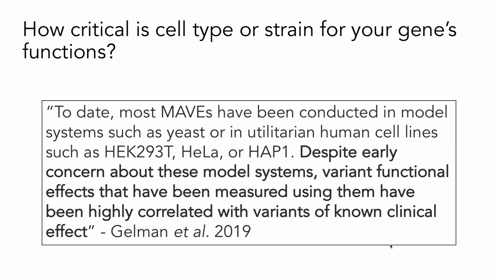Despite that fact, if you correlate the effects from these deep mutational scans with known pathogenic variants that have been determined through other measurements, there's actually a pretty good correlation. For your specific example, you're obviously going to have to take it case by case, but in general, there's evidence that you can get really clinically applicable results using models that are not necessarily disease relevant.